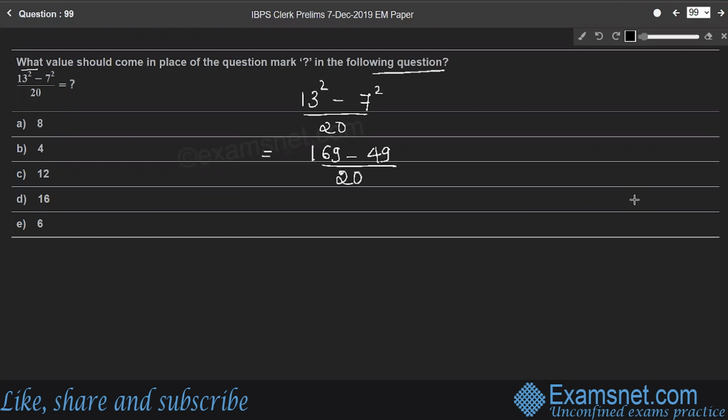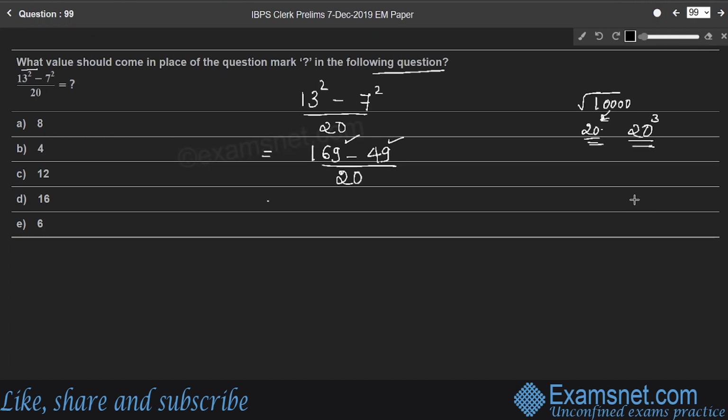Divided by 20. At least you should know the values of squares and square roots, at least up to 20, right? Roots of up to 10,000 you should know, right? Next, squares of 20 and up to cube of 20, right?